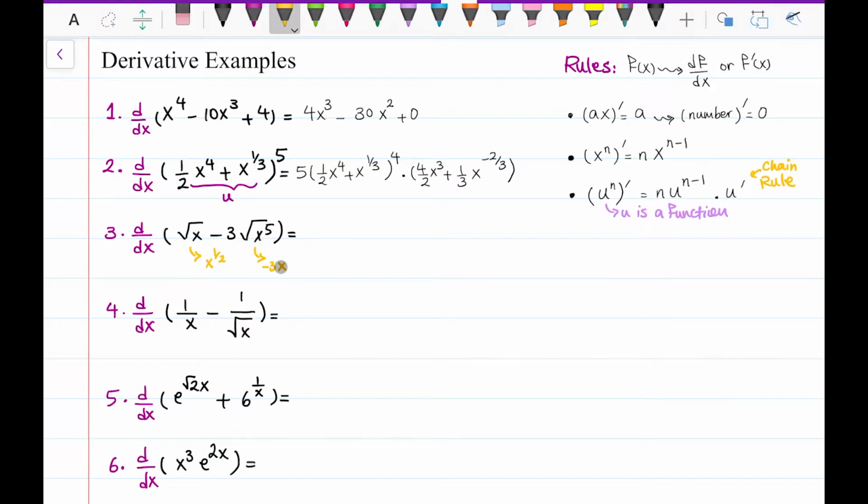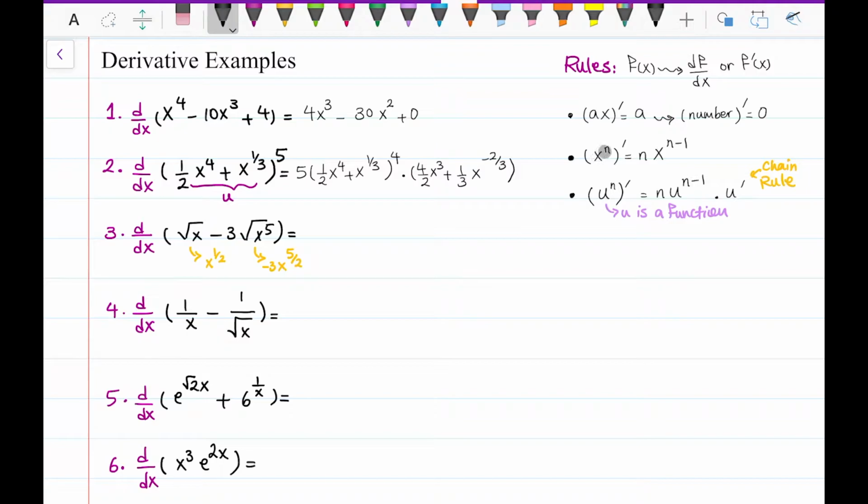It would be x to the power of 5/2. You can use this rewriting for any kind of square root or any kind of weird exponent.